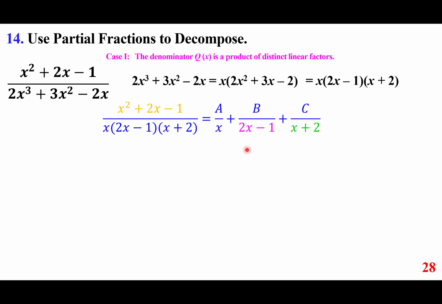Now, again, we know how to go from right to left. We add up, we take a common denominator. But how do we go from left to right? Here's the process. We are going to multiply both sides by the LCD, which is x times 2x minus 1 times x plus 2.